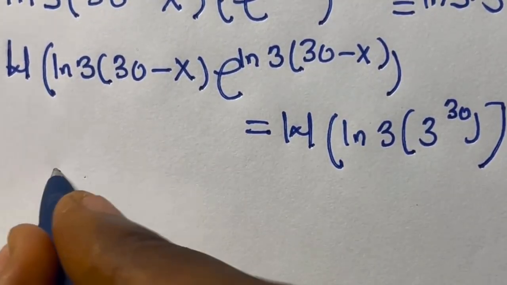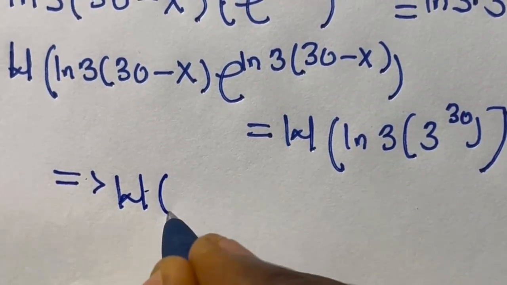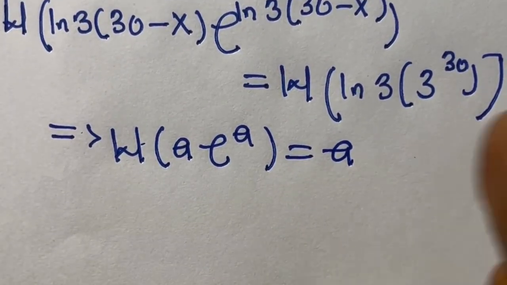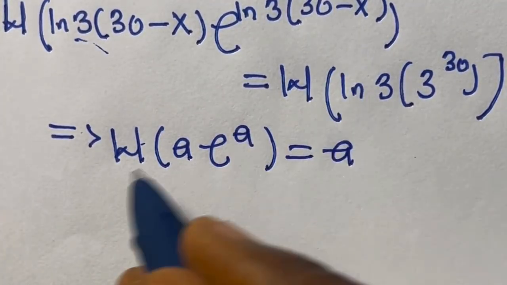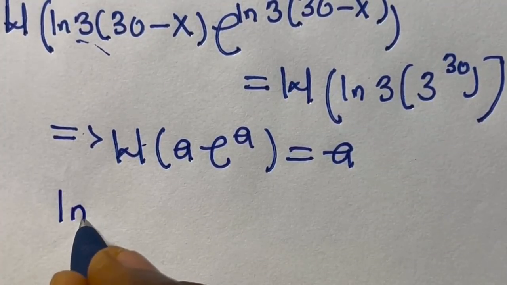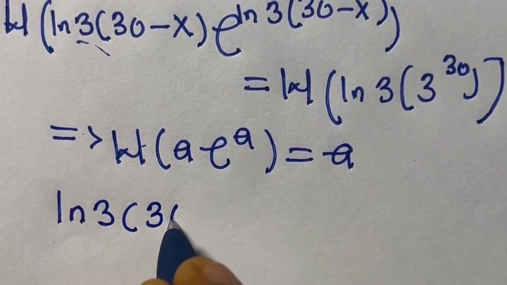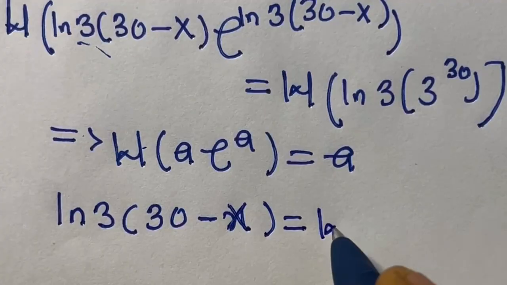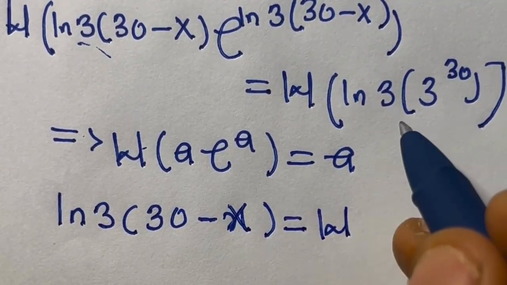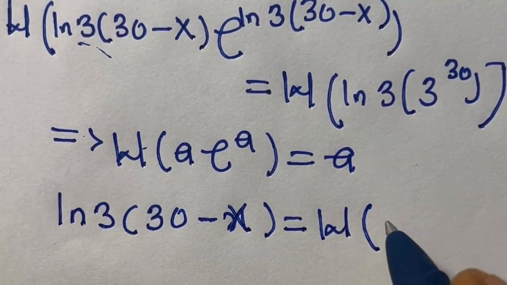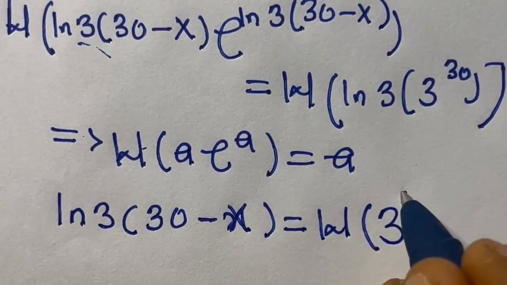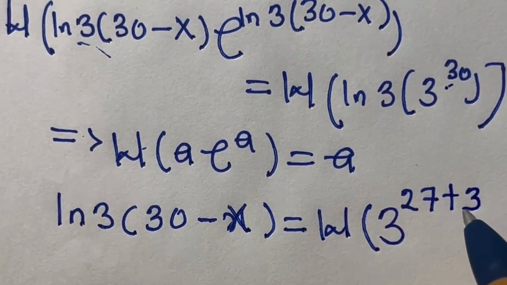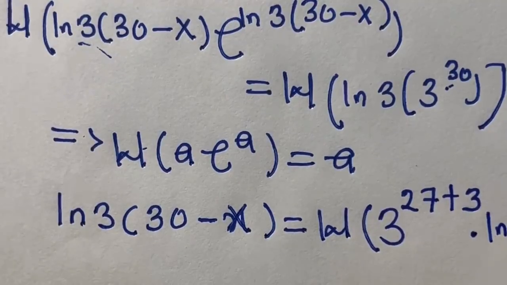So from here, remember our Lambert function is the Lambert function of a exponential a equals a. So this implies that if this base and this power are the same, we are going to have the Lambert function to be ln 3 multiplied by 30 minus x equals the Lambert function of, for this we can express this as 3 raised to the power 27 plus 3 multiplied by ln 3.